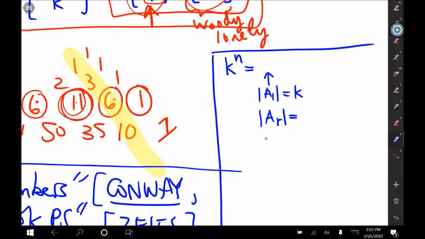I think by now you guys know what I'm doing. So because we are choosing r flavors, it's exactly what we did, right? So it is n choose r times what?